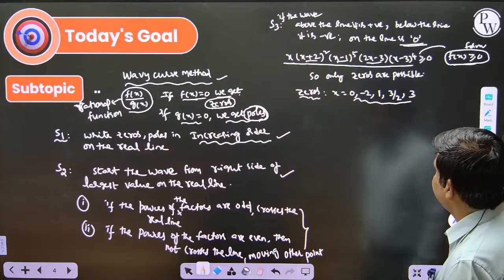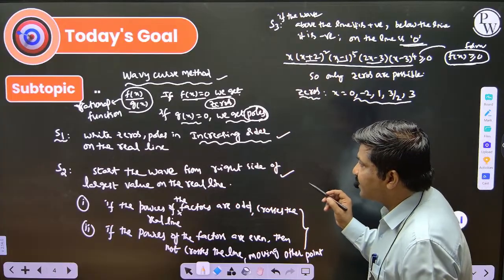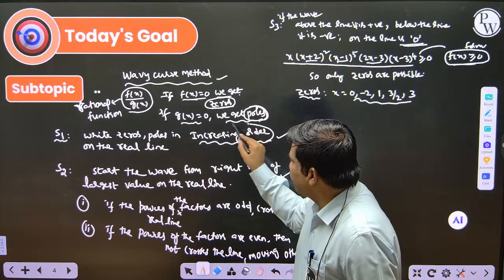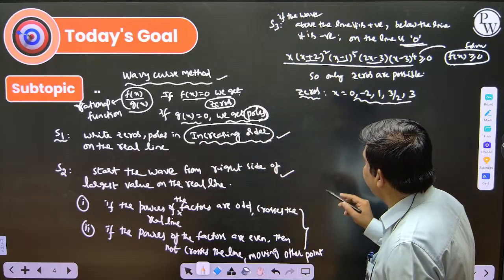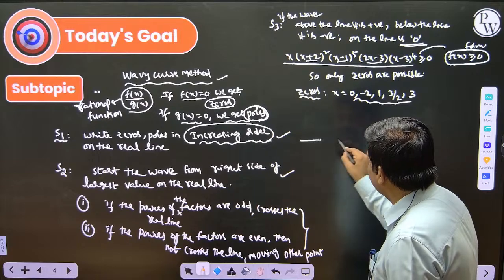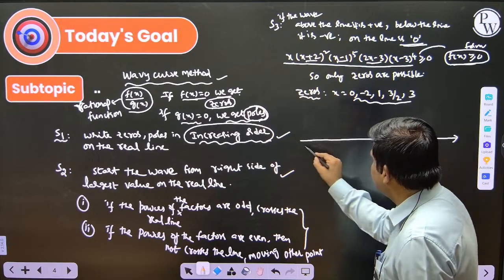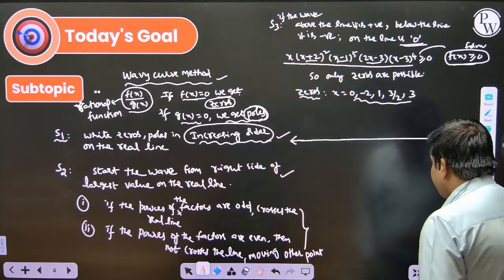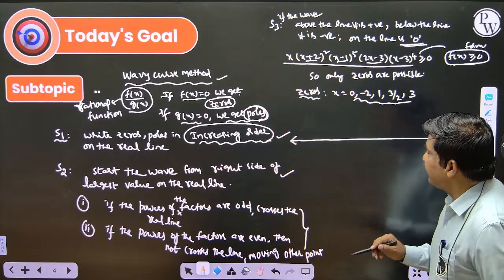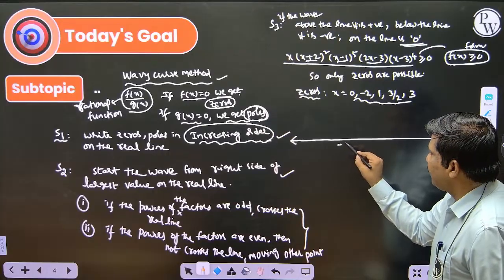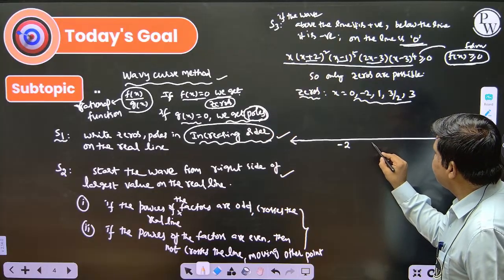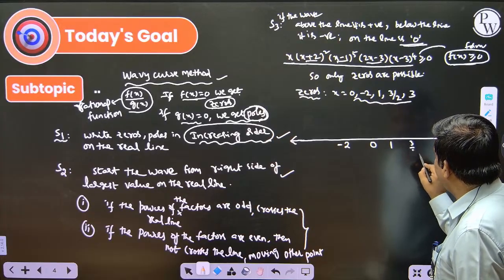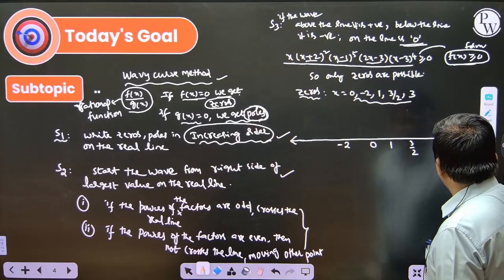Poles are not possible. So later, what did I say? Write the zeros in which order? Increasing order, on the real line. So first you draw the real line here. On this real line, you write the zeros in increasing order. First one is minus 2. Next is 0. Next 1. Next 3 by 2. Next 3.